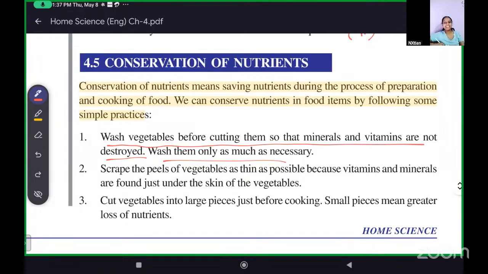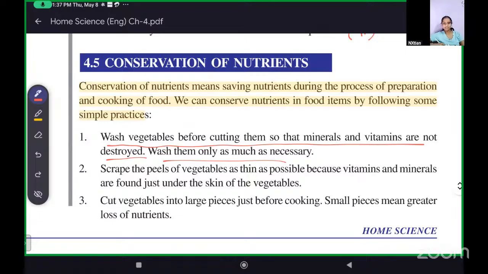But they tell you to peel only lightly. Why? Exactly beneath the peels, the vitamins and minerals are present. So if we peel off thick peels, the nutrients will just come away with it.